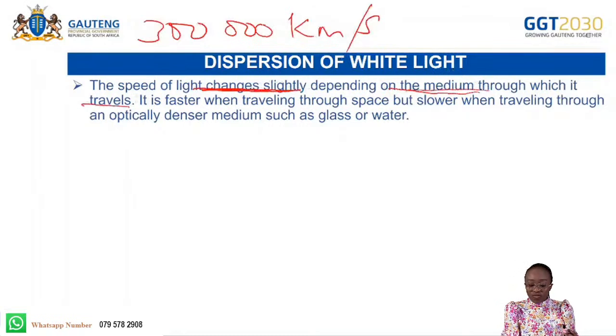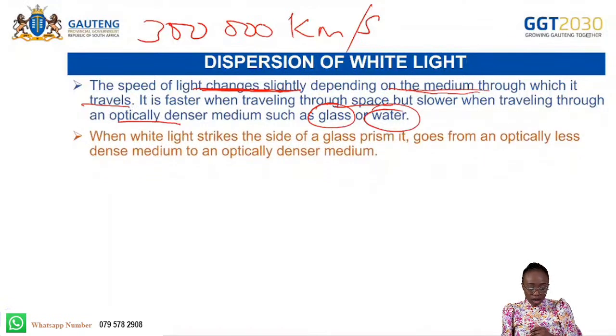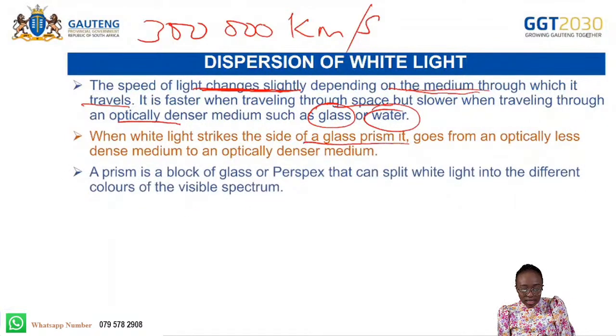It travels faster when it's traveling through space, and then slower when it's traveling through optically denser mediums such as glass. It slows down when it is traveling through denser mediums. So let's say, for example, we have a glass prism and white light strikes the side of that glass prism.